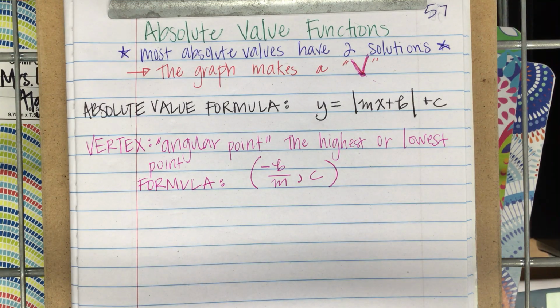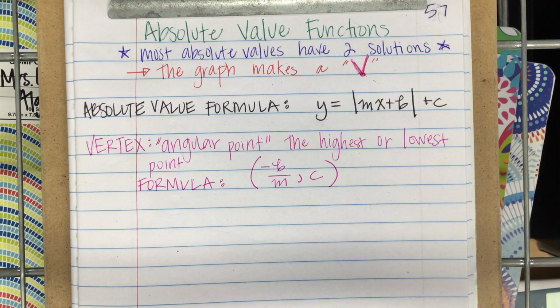So if you're given an equation, if you're given y equals, and then the math problem right here, could you use this to substitute into the formula? You just identify the m, you identify the b, you identify the c. What if there is no c? What would you substitute? 0.